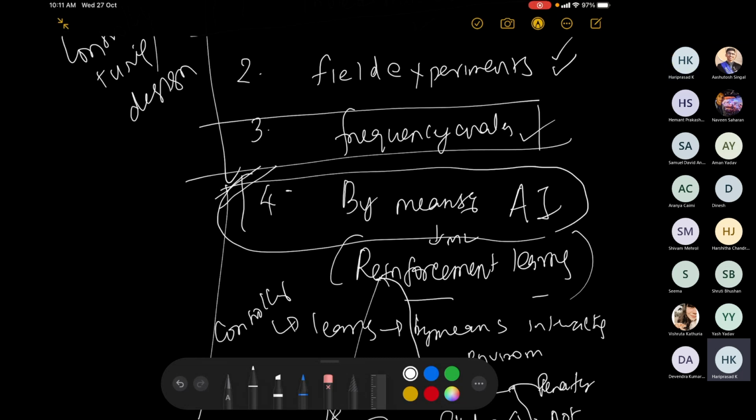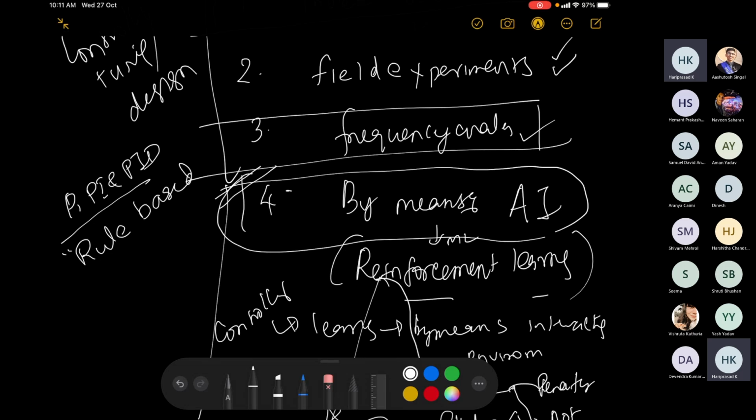See, whatever PI and PID is rule based. I am repetitively saying this is a rule based controller. What is the rule? Something proportional to error, something proportional to integral of error, something proportional to derivative of error.